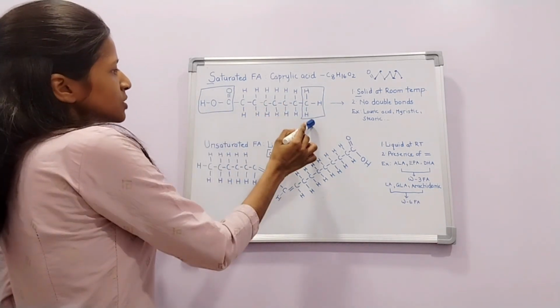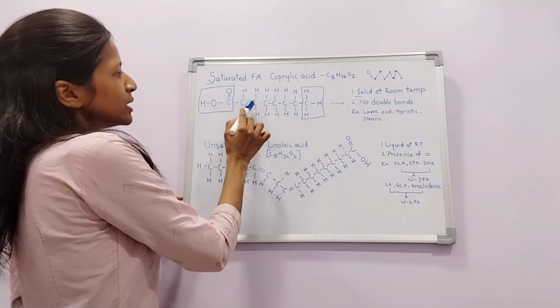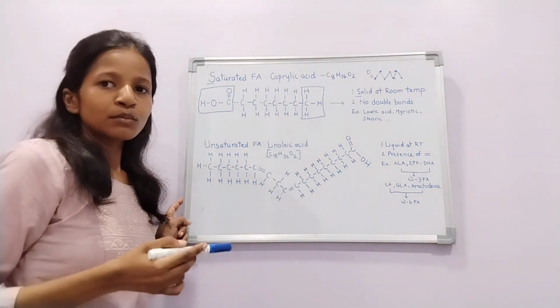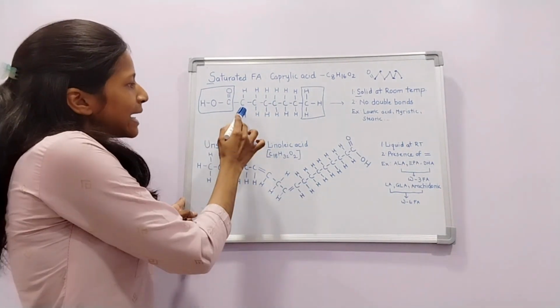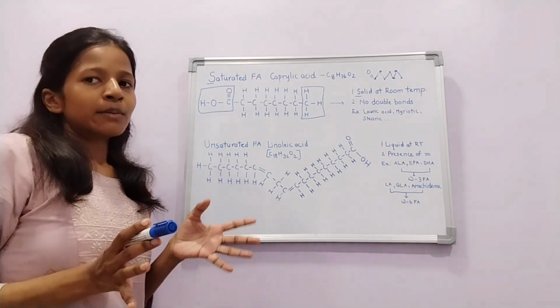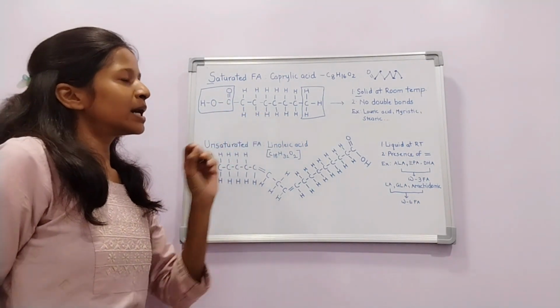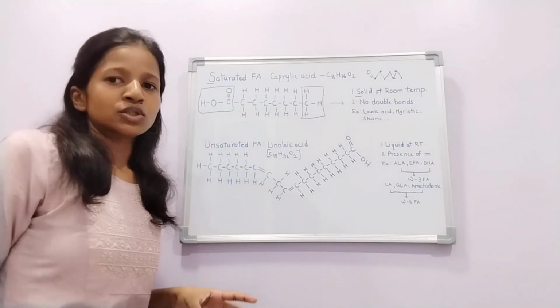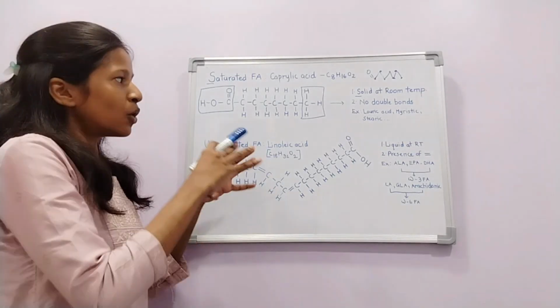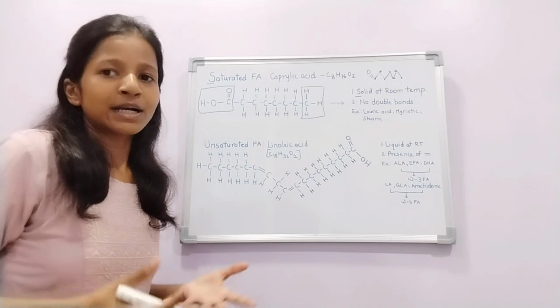If you look at this structure, there are no double bonds present, right? That means that all the carbon atoms in the structure are saturated. They cannot bond with any more hydrogen atoms, right? They have already bonded to their maximum capacity.